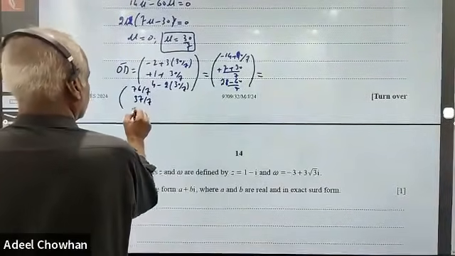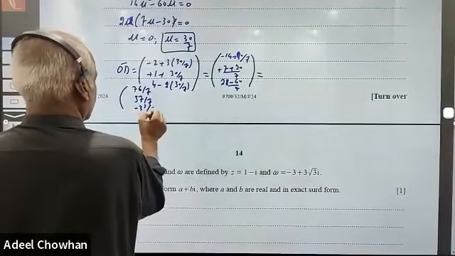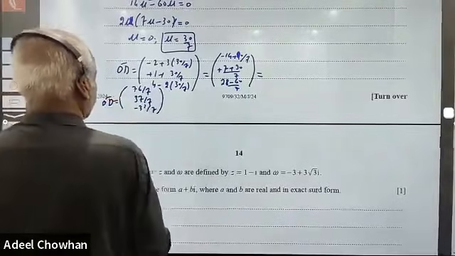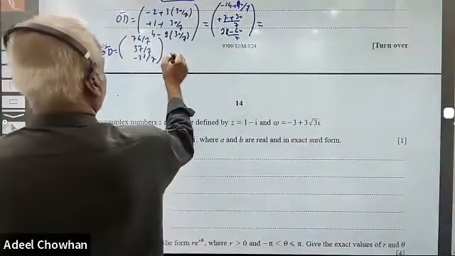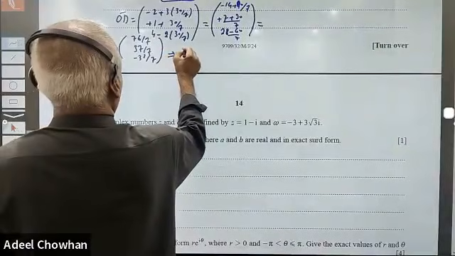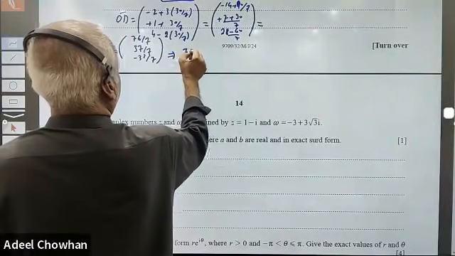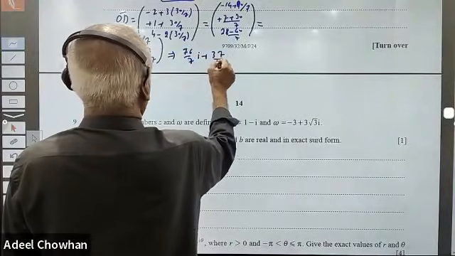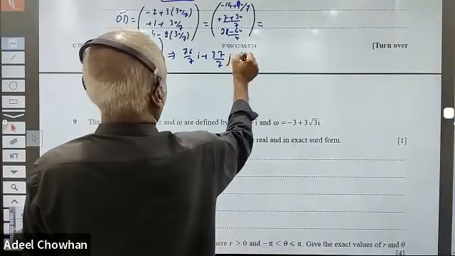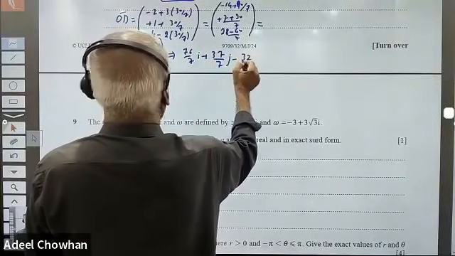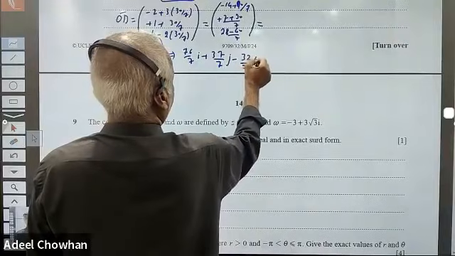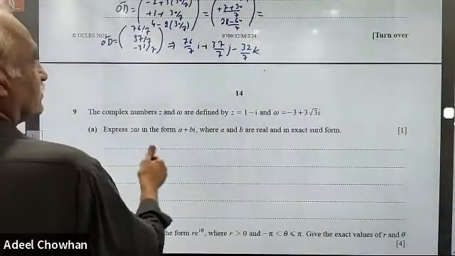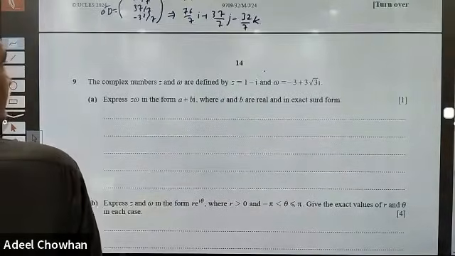So this is the position vector of D. We can write this as 76 over 7 i plus 37 over 7 j minus 32 over 7 k. Or you can even take 1 over 7 as common.